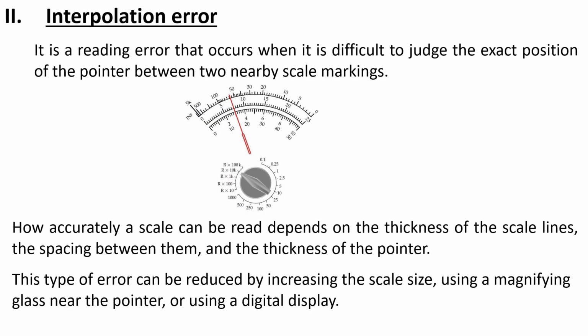How accurately a scale can be read depends on the thickness of the scale lines, the spacing between them, and the thickness of the pointer. Moreover, this type of error can be reduced by increasing the scale size, using a magnifying glass near the pointer, or using a digital display.